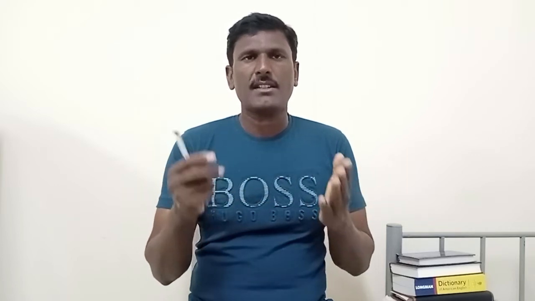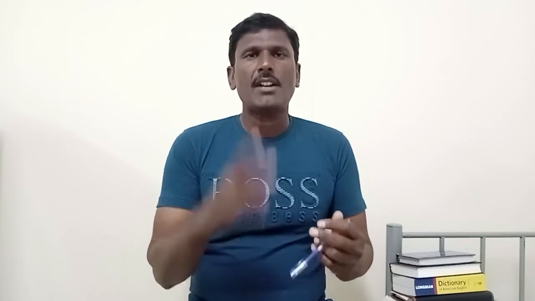So what is a gauge? A gauge is an instrument which measures and gives us a visual display of the amount, level or contents. There are two types of gauges.